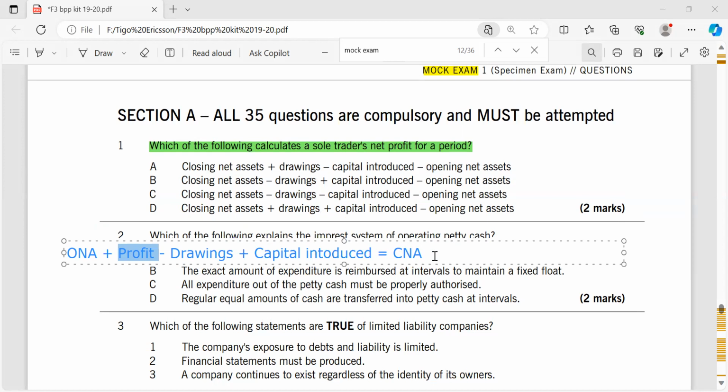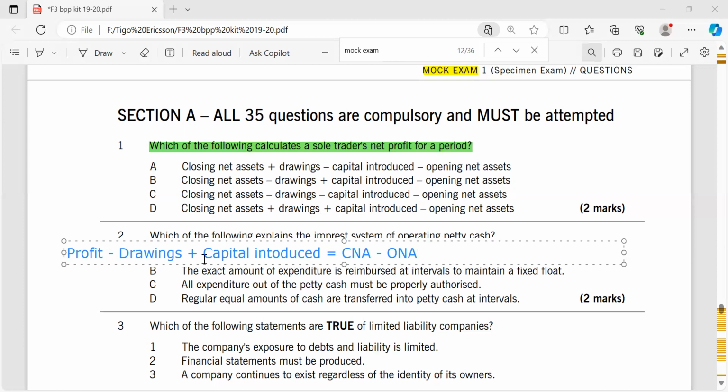I have closing net assets here, and opening net assets, which come to the right and so are deducted. So I would say minus opening net assets. Then I have drawings, which have been deducted on the left-hand side.